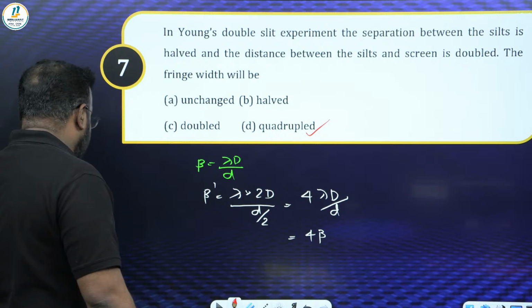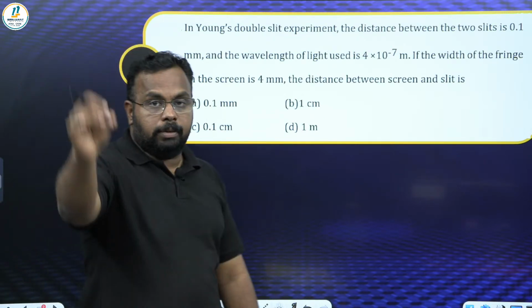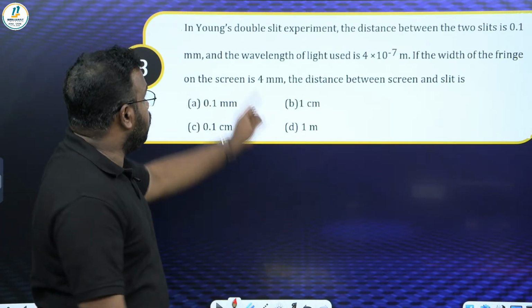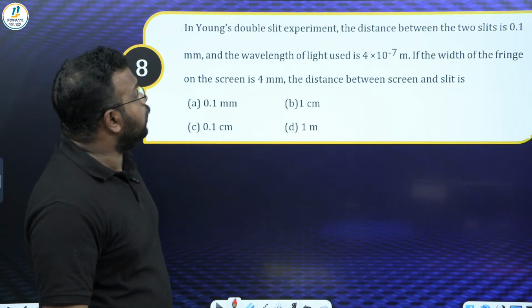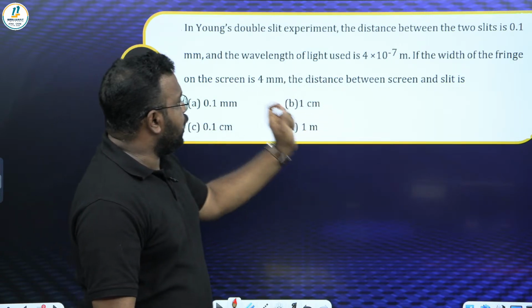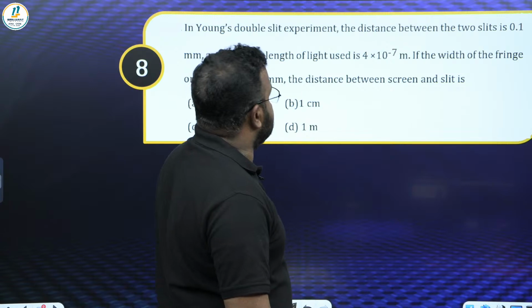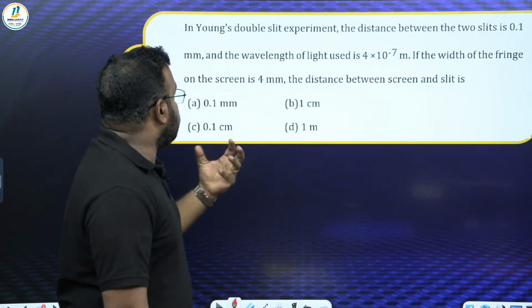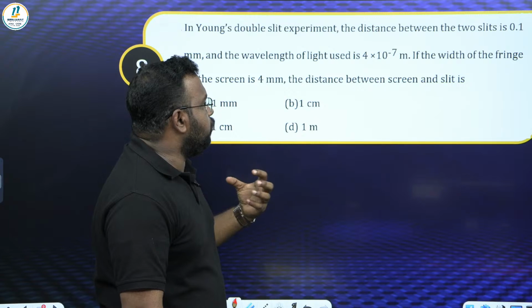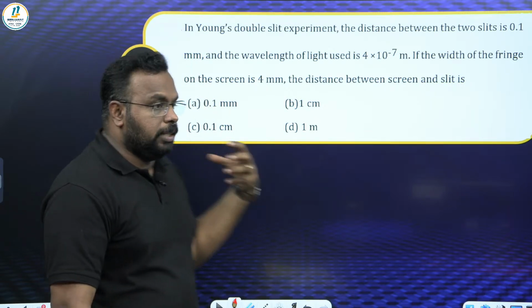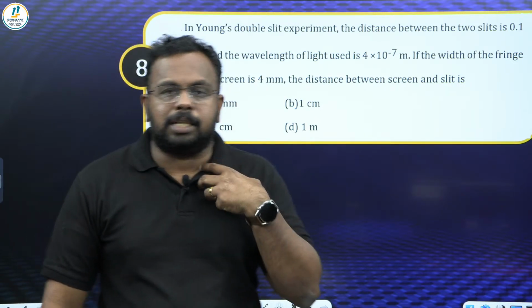Question number 8. Again a YDSE question, Young's double slit experiment. The distance between the two slits is 0.1 millimeter, and the wavelength of light used is 4 into 10 power minus 7 meter. If the width of the fringe on the screen is 4 millimeter, the distance between the screen and slit is? You can understand this is a direct question.